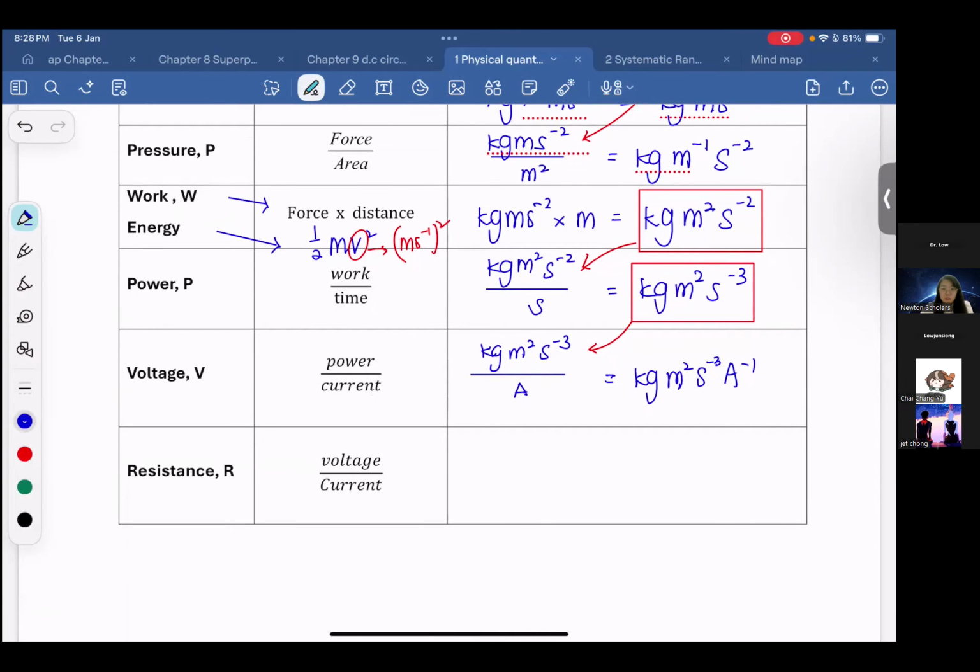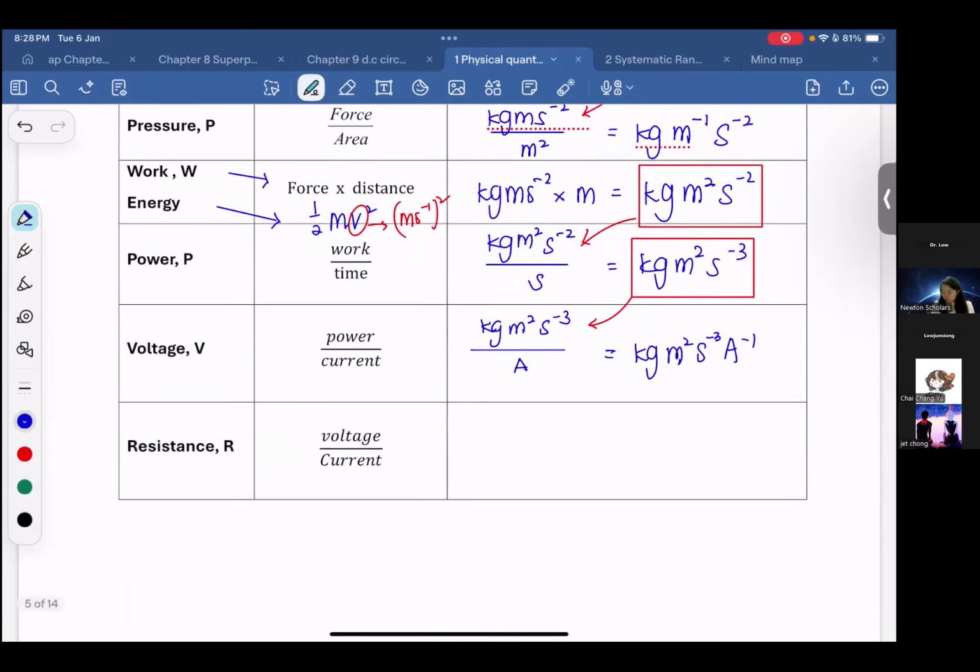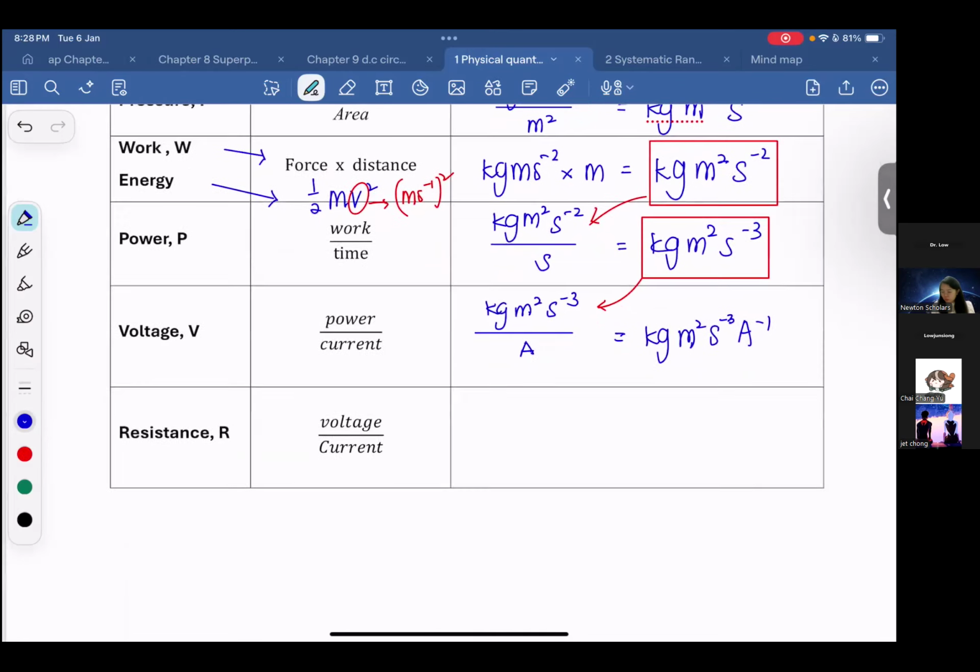Okay, then we continue with resistance. Try with the resistance, voltage divided by current. Coco, are you able to follow? Shanice, Ting Wei, Wei Shen, Yen Yi, Victoria. Okay, good job. No need to be shy, because we don't know each other.